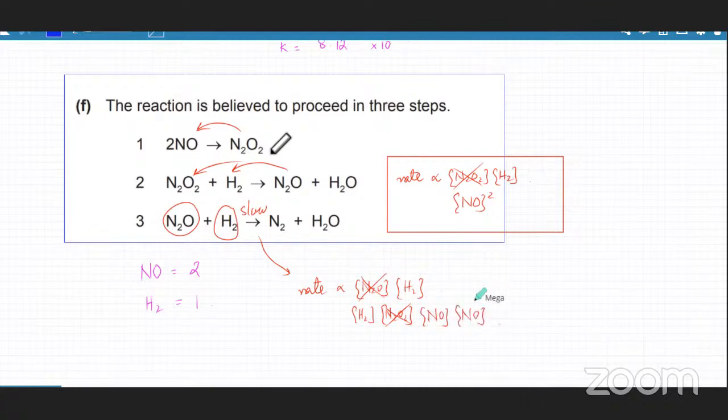Now when you sum this up, it's going to be H2 order 2 and NO, which would also be order 2, if step 3 is the slowest step. The rate of reaction would be dependent on both, and both of them are going to have order 2.